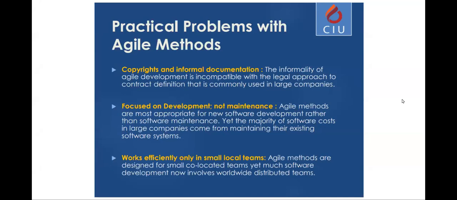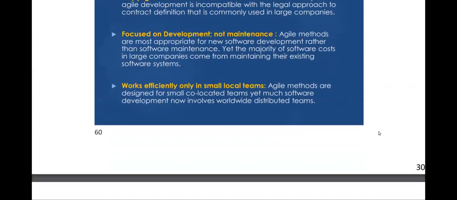In those circumstances, it could be difficult, particularly for big projects, to keep those sprint cycles and focus on agile development. The majority of software costs in large companies are large, and they earn money by maintaining their existing software.